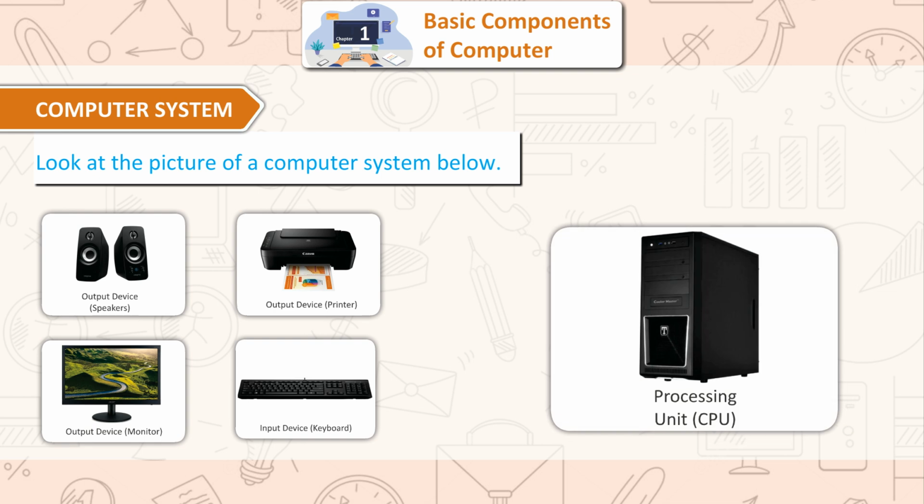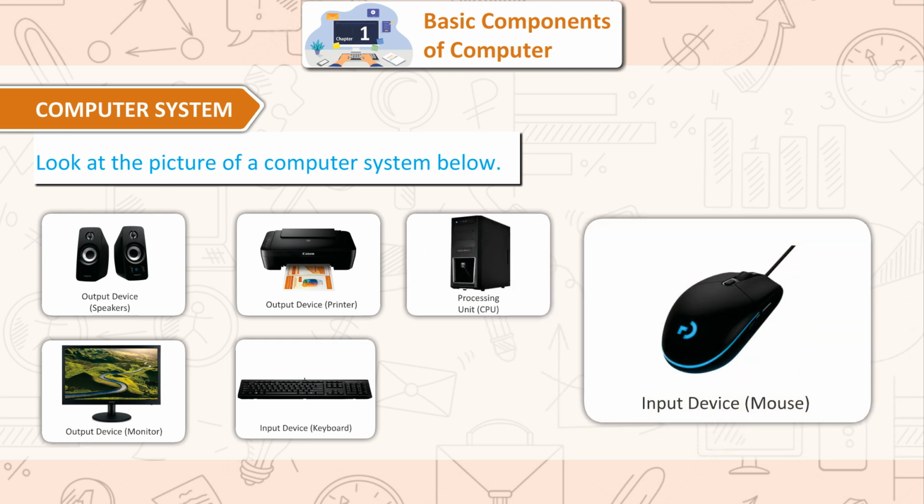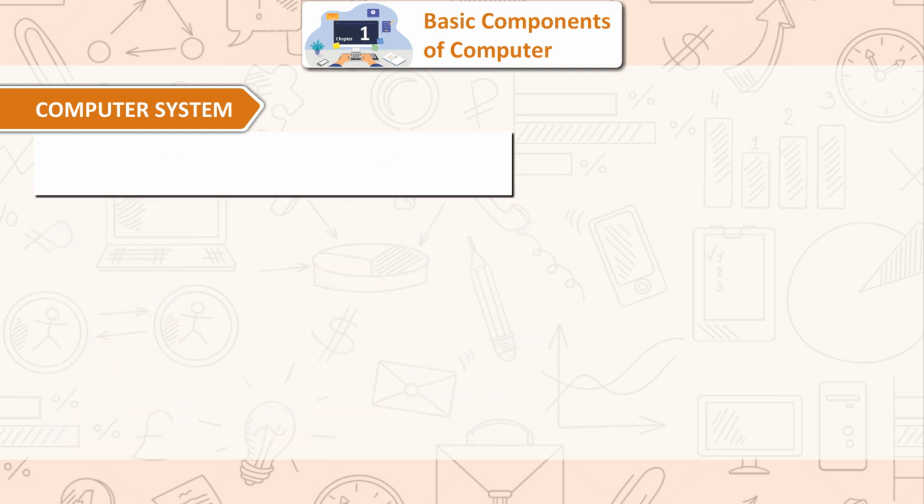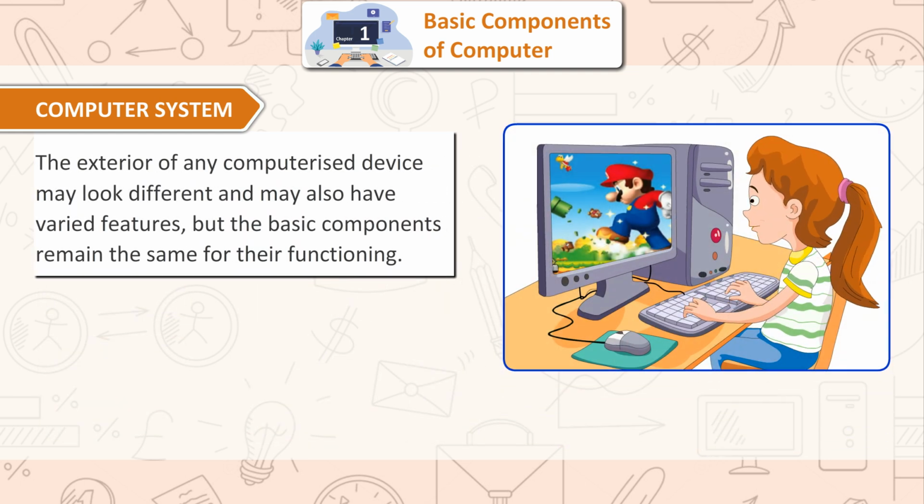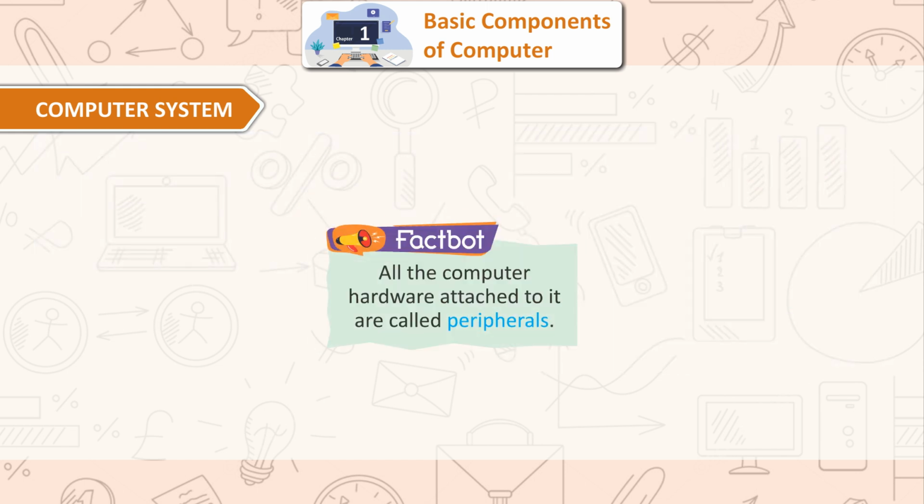Processing unit, CPU. Input device, mouse. The exterior of any computerized device may look different and may also have varied features, but the basic components remain the same for their functioning. Factbot: all the computer hardware attached to it are called peripherals.